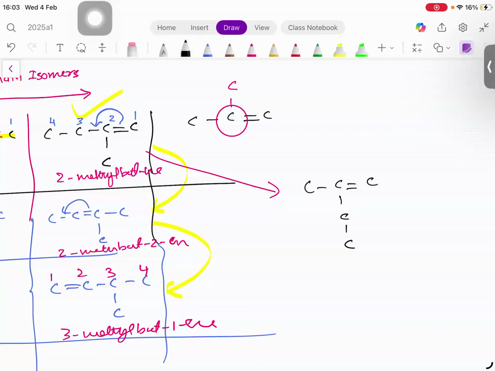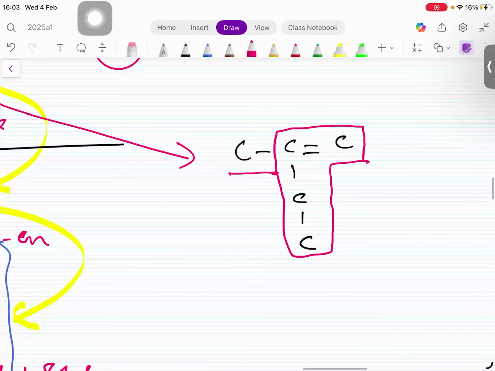Now in this particular case, the chain is not the straight chain, because we have to go for the longest chain. So if I number it 1, 2, 3, 4 carbon in the chain, can I have your undivided attention, please? So how many carbons are in the chain? 4.